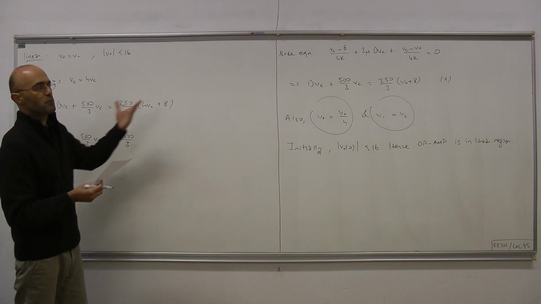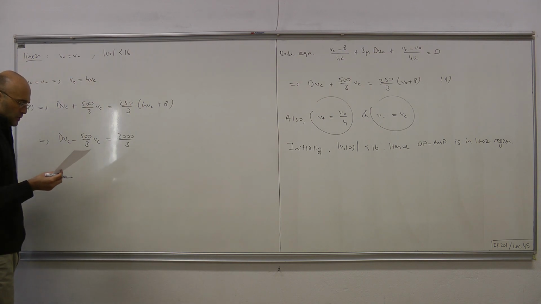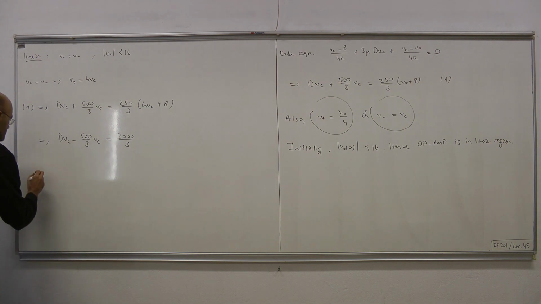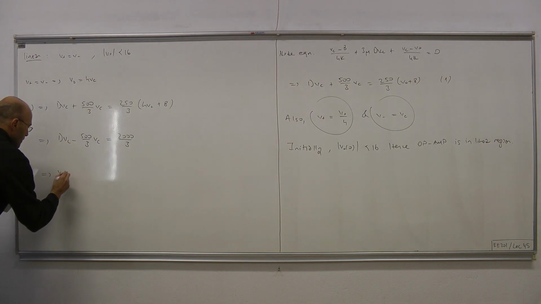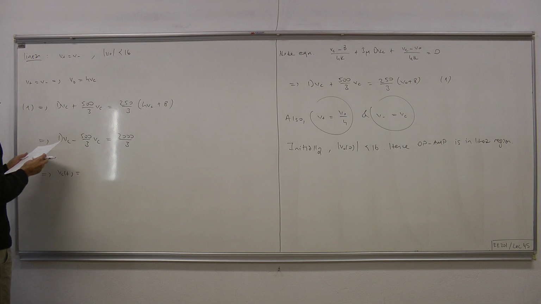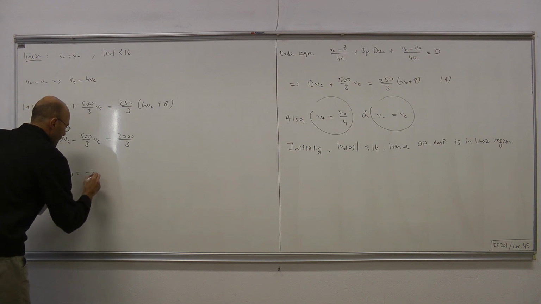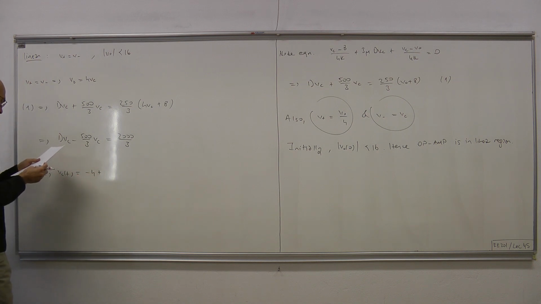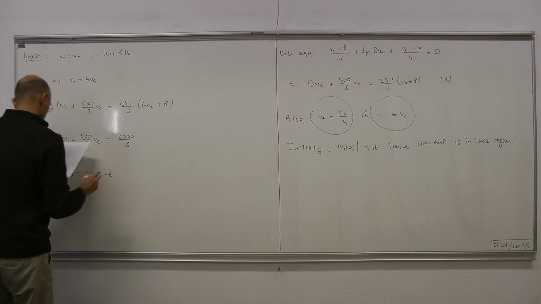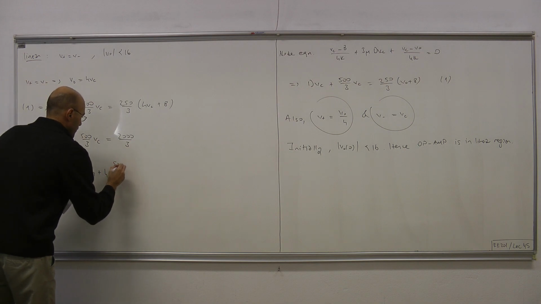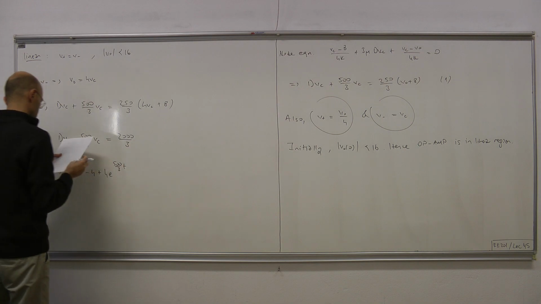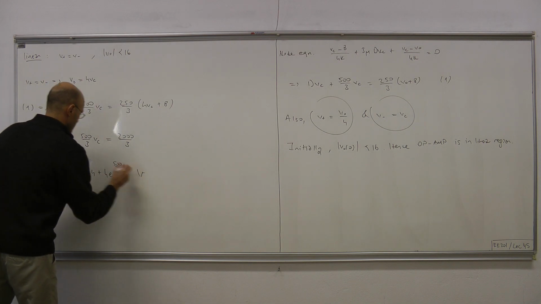We have the differential equation, we have the initial condition, which is 0, so that yields VC(t) equals minus 4 plus 4e to the 500 over 3 t volts.